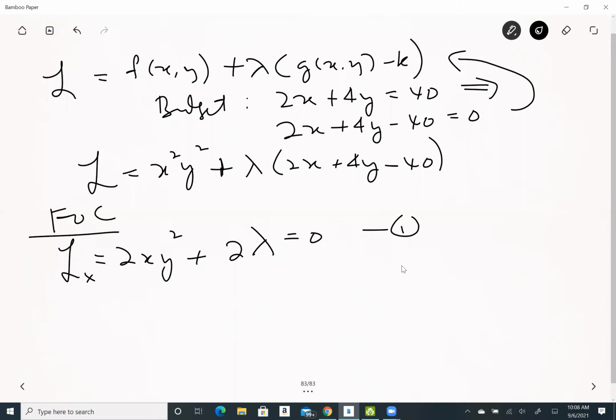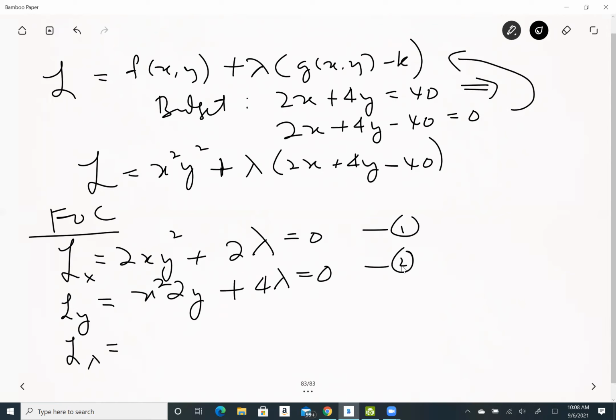And then you have Ly, that is equal to x squared 2y plus 4 lambda. Set that to 0, that is our number 2. And then L lambda, that is equal to everything in the bracket, 2x plus 4y minus 40 equals 0, that is our number 3.